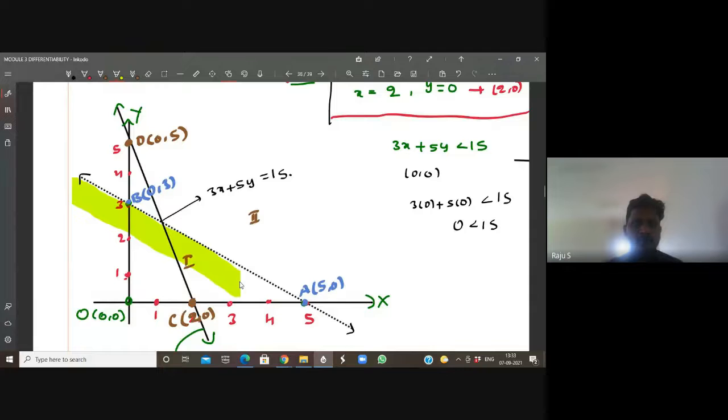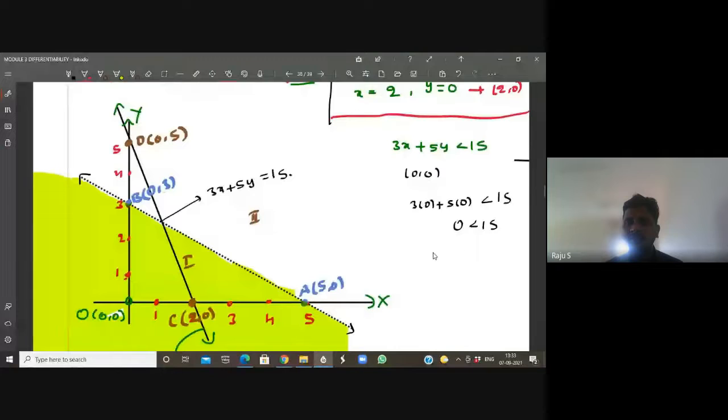So this is the solution region for 3x plus 5y lesser than 15.